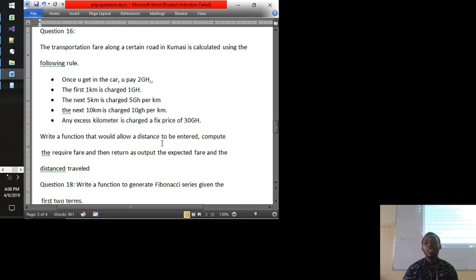Someone said 5 cedis. So once he gets into the car, 2 cedis is there. Now he has traveled 5 kilometers, right? So the first one will attract 1 cedi. That will be 3 cedis. He's left with 4 kilometers, and each of those 4 kilometers costs 5 cedis.